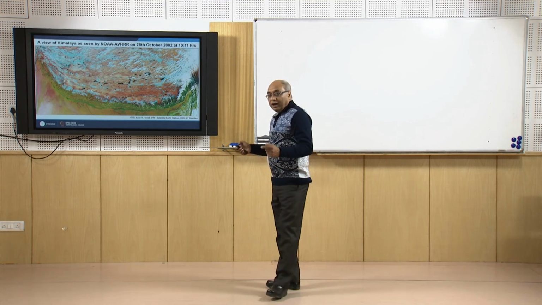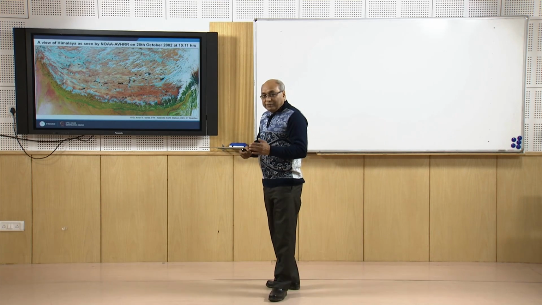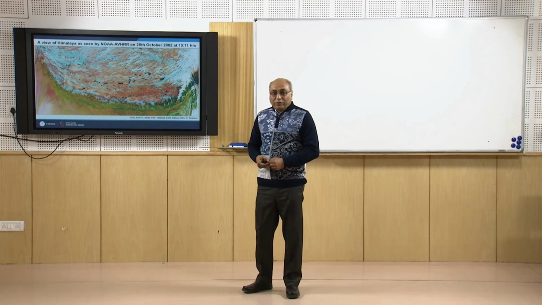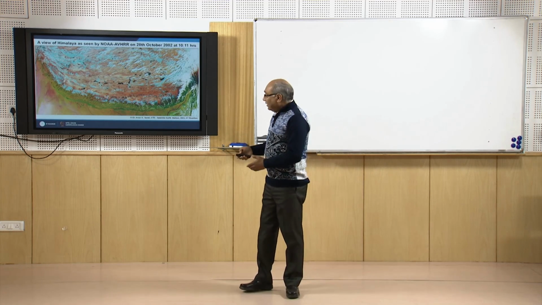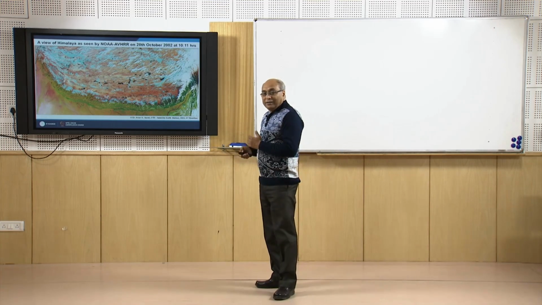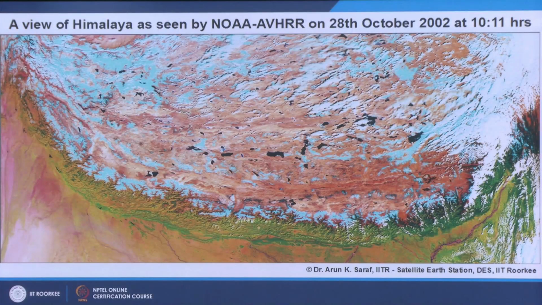Once you have a large swath width, instead of just a 9.6 kilometer swath width as in the case of Cartosat 2, here the swath width is 2800 kilometers, and the advantage is that in one go you can see the cloud conditions of the entire Himalaya.